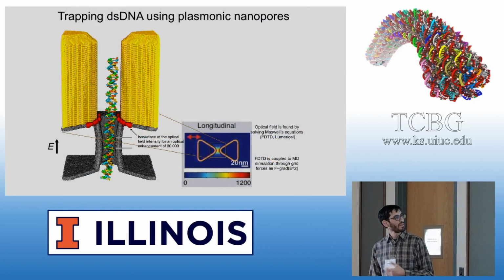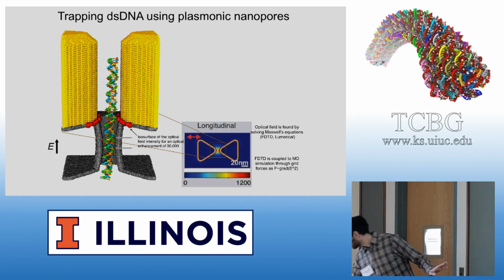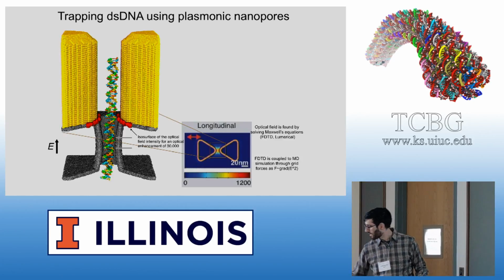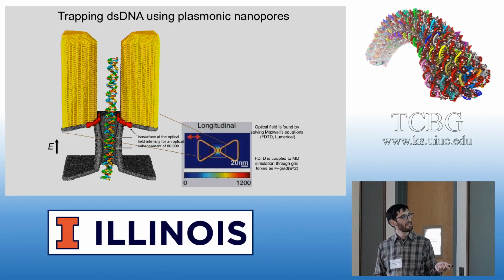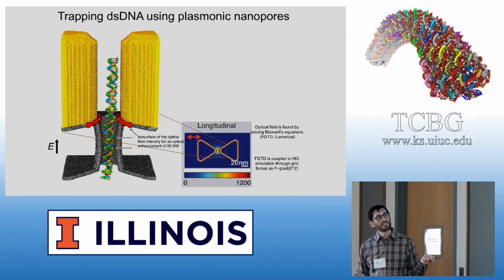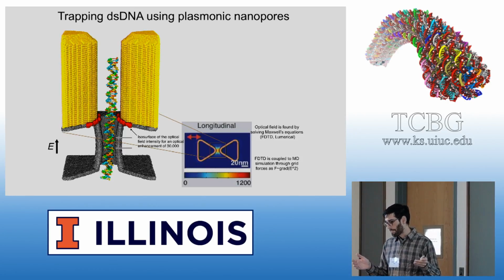So we wanted to run some proof of concept simulations of this. And so we simulated this gold nanostructure in the lower right here using an FDTD, finite-difference time-domain method, which gives you basically the electric field as a function of time.